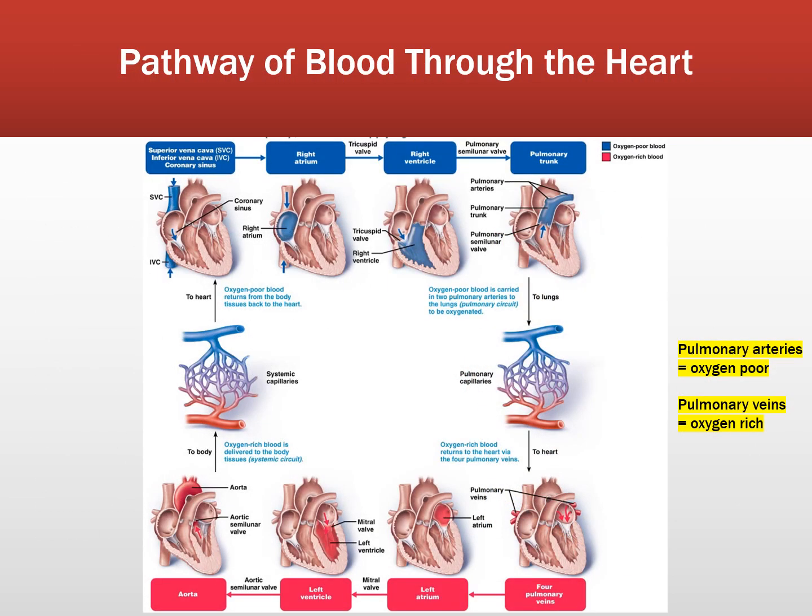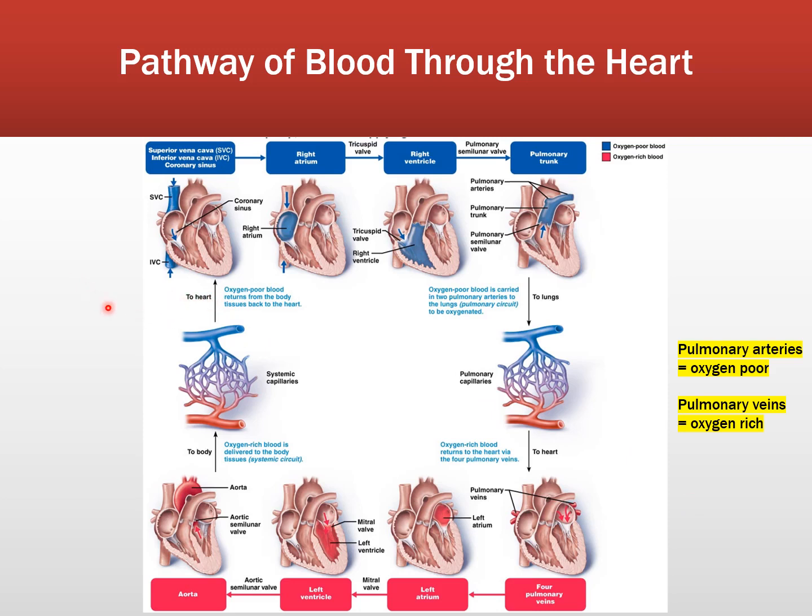So if we look at the pathway that the blood flows through the heart, we've been talking about it as we go, but I like this picture because it shows how the blood switches from oxygenated to deoxygenated and how we flow through the body and through the heart. So let's take a little tour.